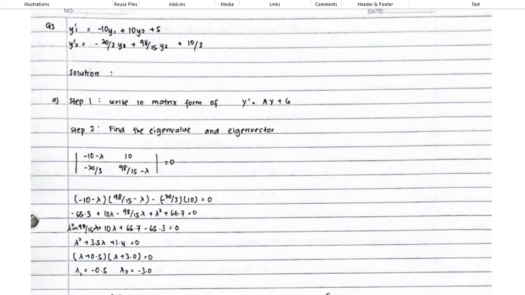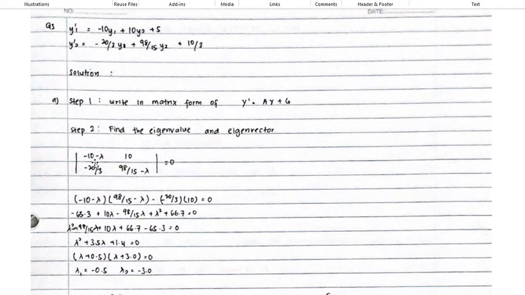So back to step 1. After we write the matrix form of y' equals Ay plus g, then we take out the value of A and we put the negative lambda at negative 10 and 98 over 15, which is the formula of this solution equal to 0.